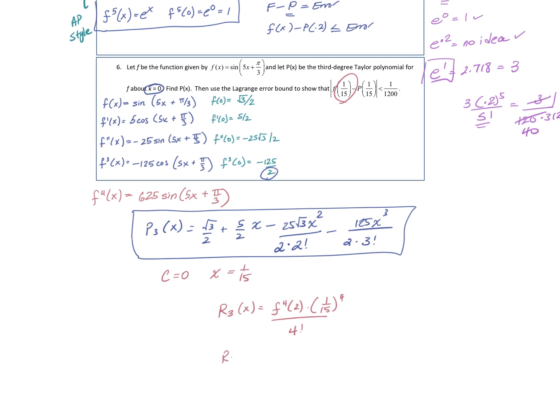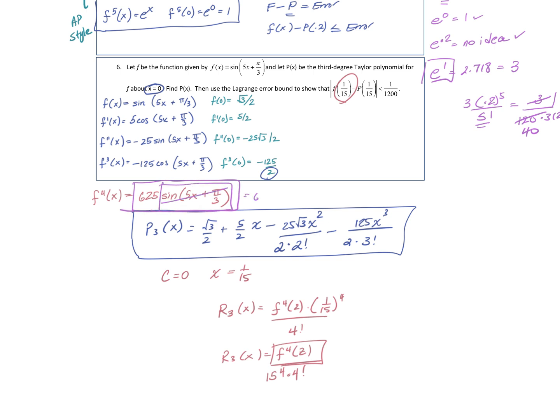So you get R3 of x, F4 of z. This can go to the bottom, so 15 to the 4th times 4 factorial. This is all I need to figure out. Remember, for sine and cosine, that maximum value is always going to be 1. So when I look at the derivative here, I can assume that this part of it will all go to 1.